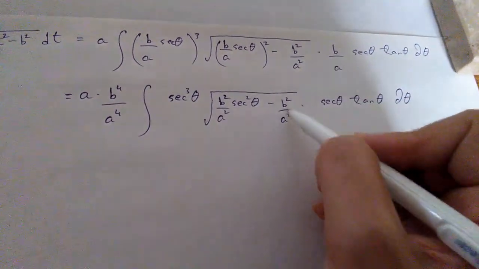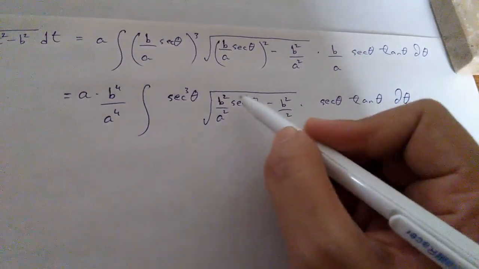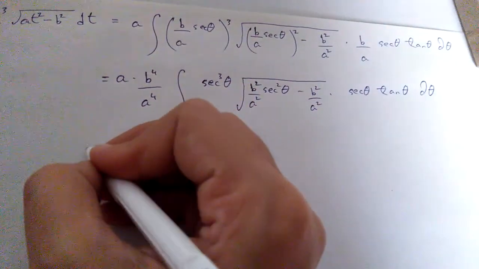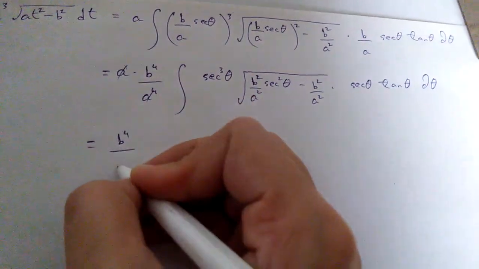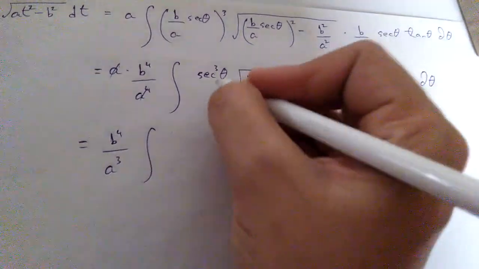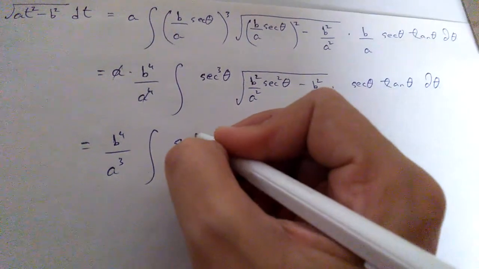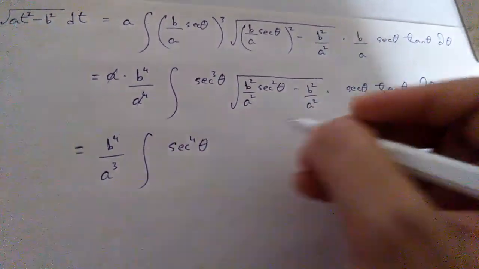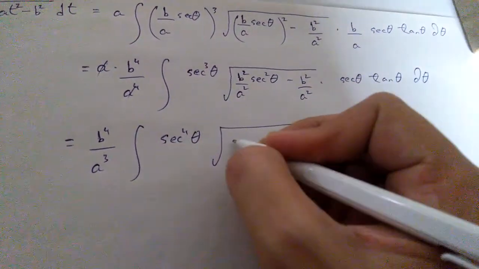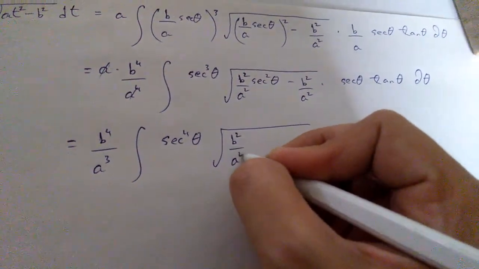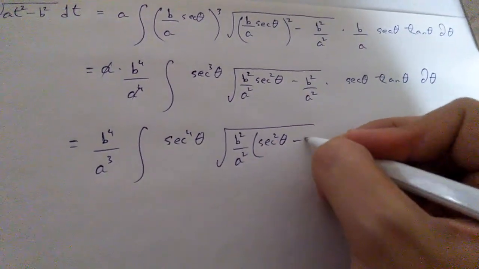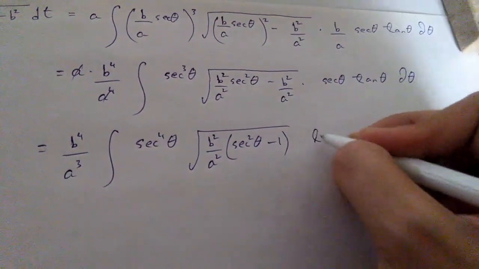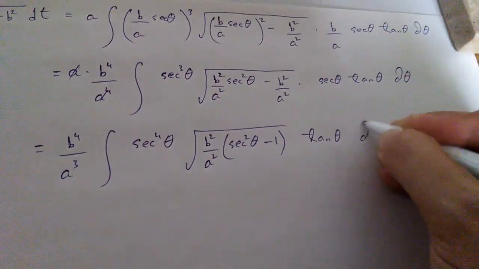This sec theta on multiplication with this sec cube becomes sec power 4, and this b square upon a square is coming common in this radicand. This on cancellation gives me b power 4 upon a cube. This thing is giving me sec power 4 theta, and inside I'm having secant square theta minus 1 and tan theta d theta.